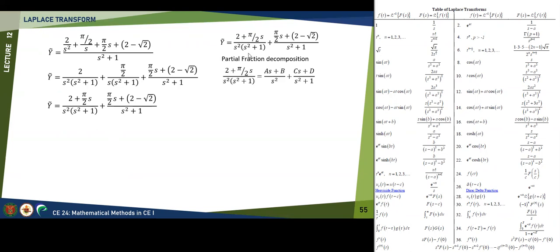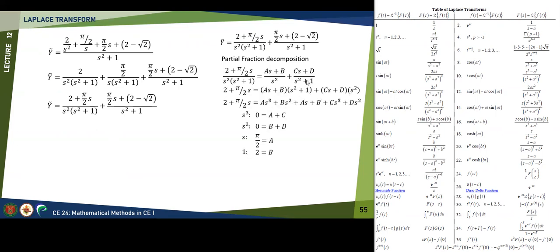So ito lang i-decompose natin, the first term. We have as plus b over s squared plus cs plus d over s squared plus 1. With the usual solution for partial fraction decomposition, you will get the constants A, B, C, D. Walang nag-zero. Substituting it back here, you will get this.